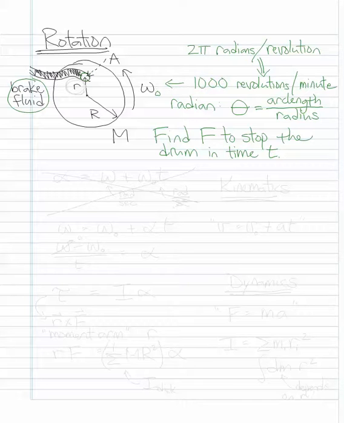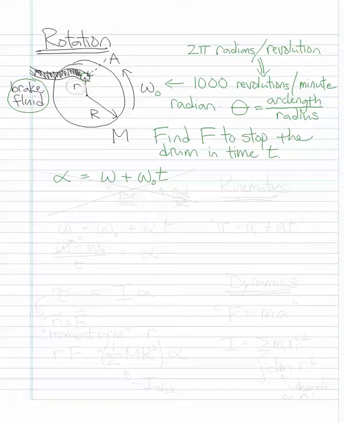Where do we want to begin? Well, a good way to begin is to ask ourselves what the angular acceleration has to be. And so if we use the kinematic equations, we say we can write down that the acceleration is omega final plus omega initial times time.